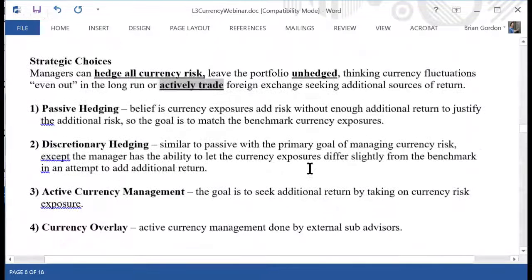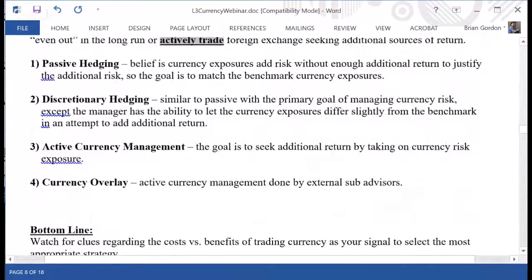Now, our textbook wants us to talk about this, and we have to get into the language. So I highlighted the language, and I think that you will have to recognize some of these signals from the curriculum. So passive investing. What you need to take away from this is our neutral position. They could use that language on the exam, the neutral position.